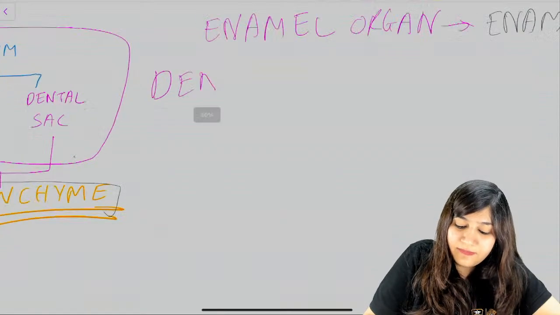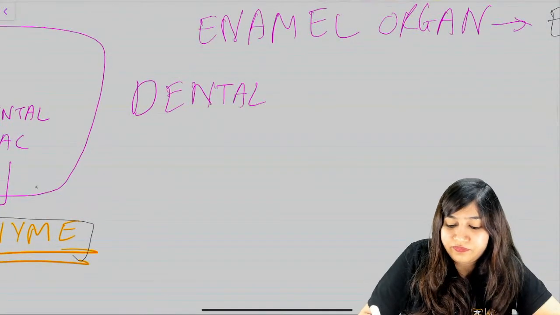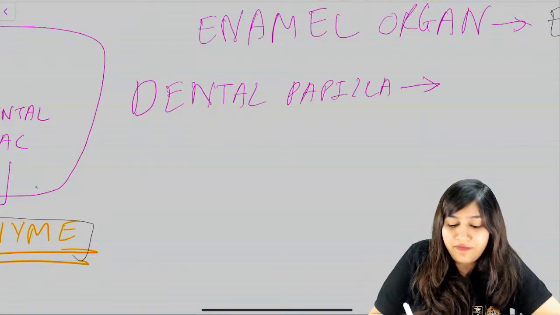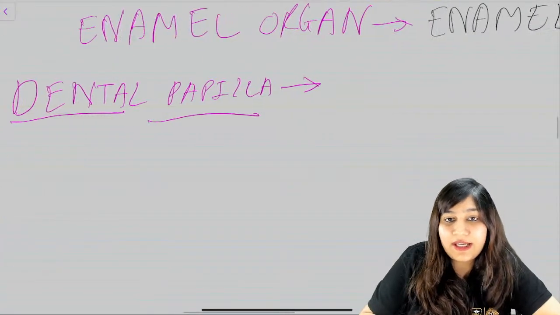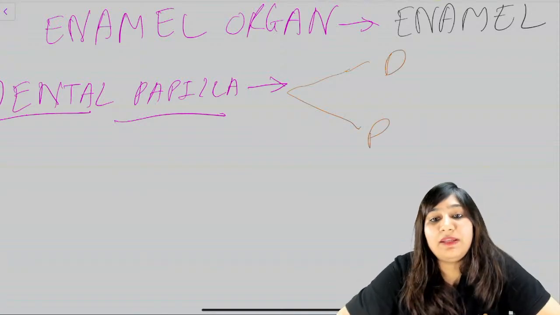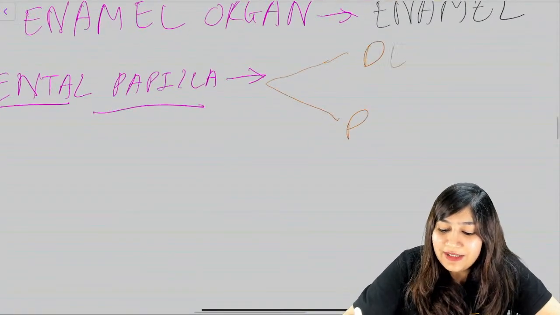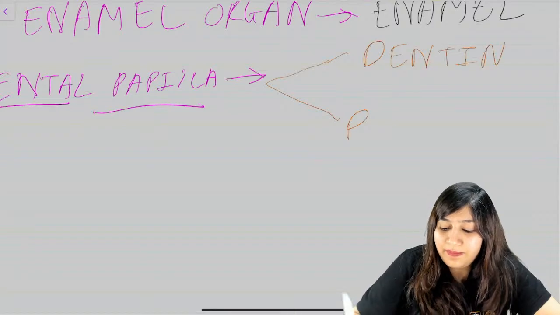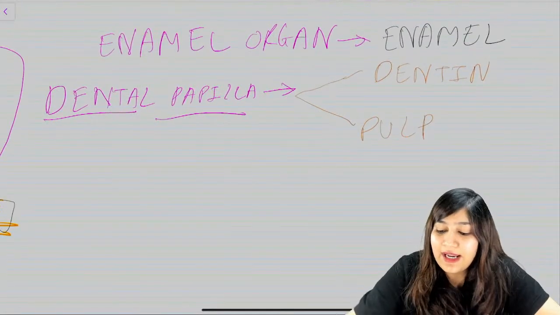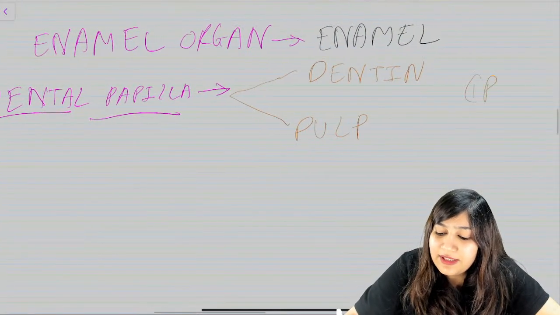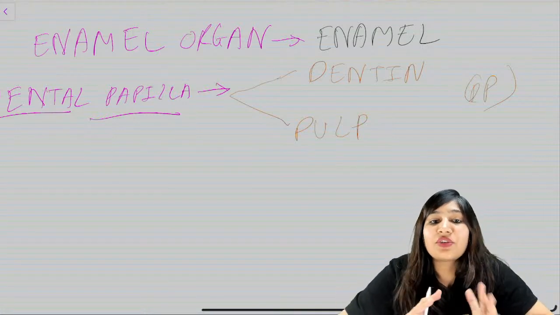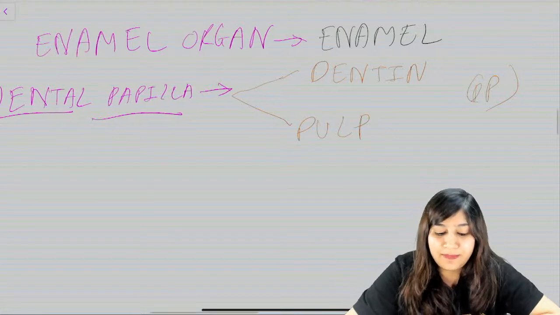Dental papilla stands for D and P, so it will form D and P, DP: dentine and pulp. Remember as DP: D for dental and P for papilla. So it will form D and P, dentine and pulp.